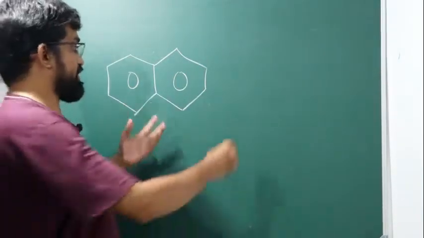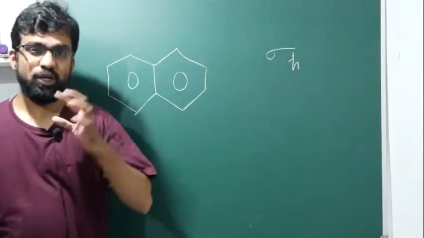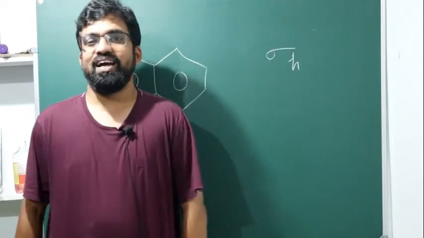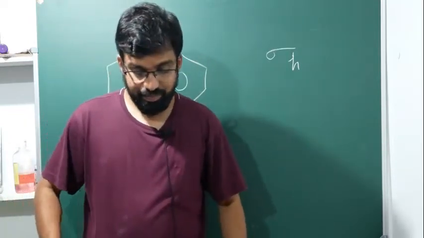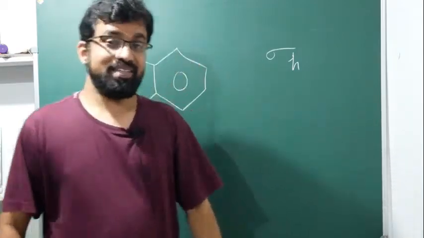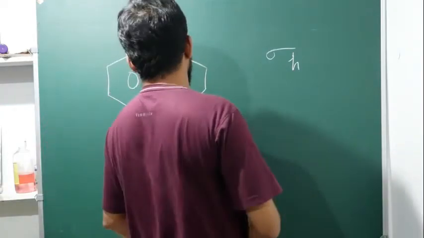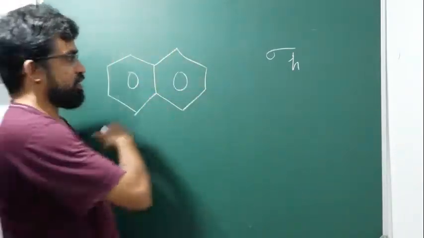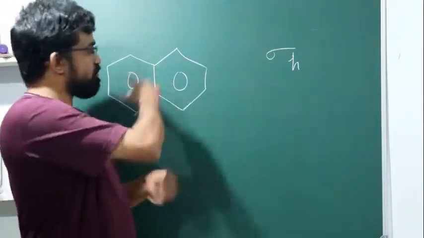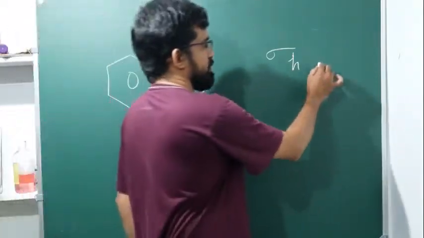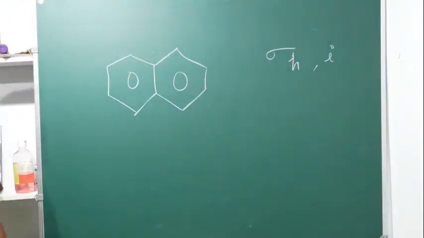Of course it has sigma H. Normally I can tell you that if a molecule has sigma H, it also has I, don't forget. A molecule can be toppled, or inverted, so it also has I. That's a shortcut.